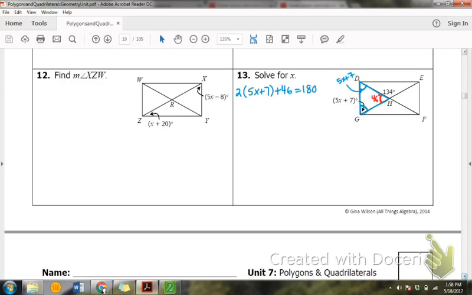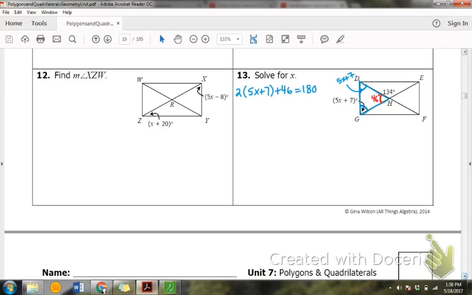Did you figure it out? Okay, solve it out. Why are you stopped?